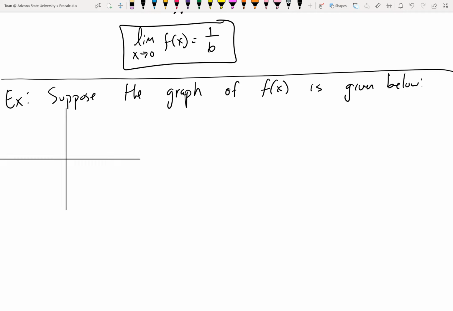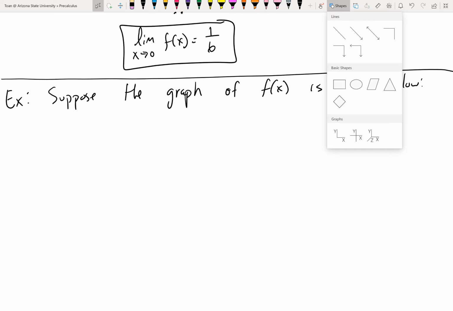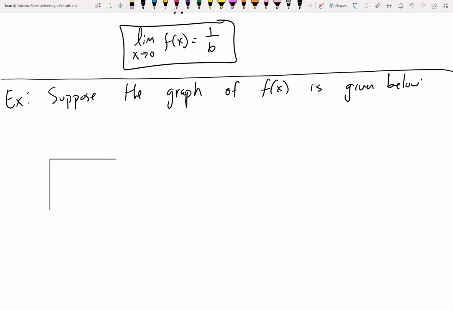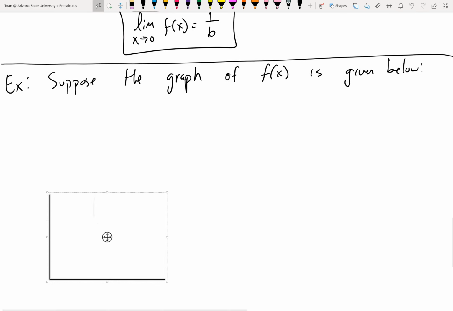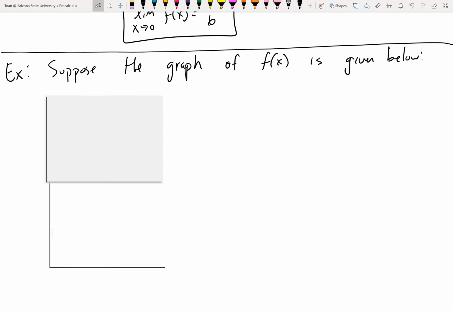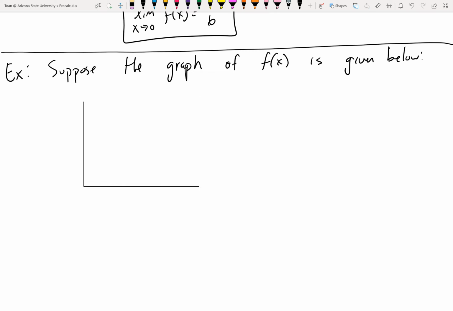I only want the first quadrant. Well, let's just put some negatives in here too. I'll extend it like this.